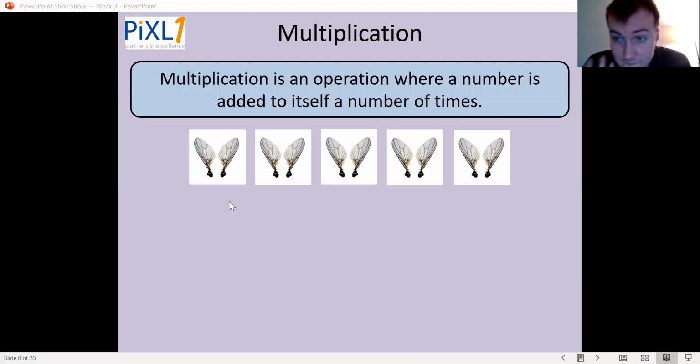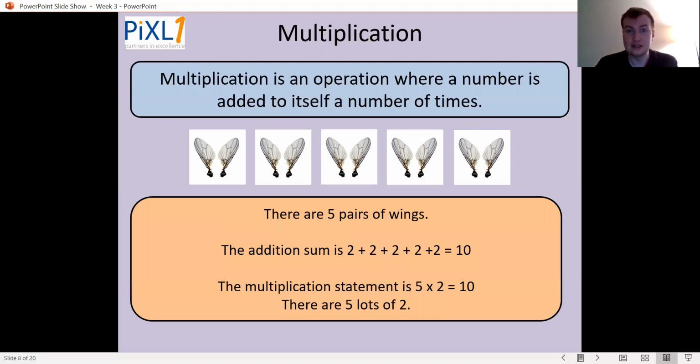Okay, so there are 5 pairs of wings, and there's 2 wings. You've got 5 and you've got 2. So the number sentence we create is 5 times 2, which equals 10. Because there are 5 lots of 2, 5 groups with 2 in each.